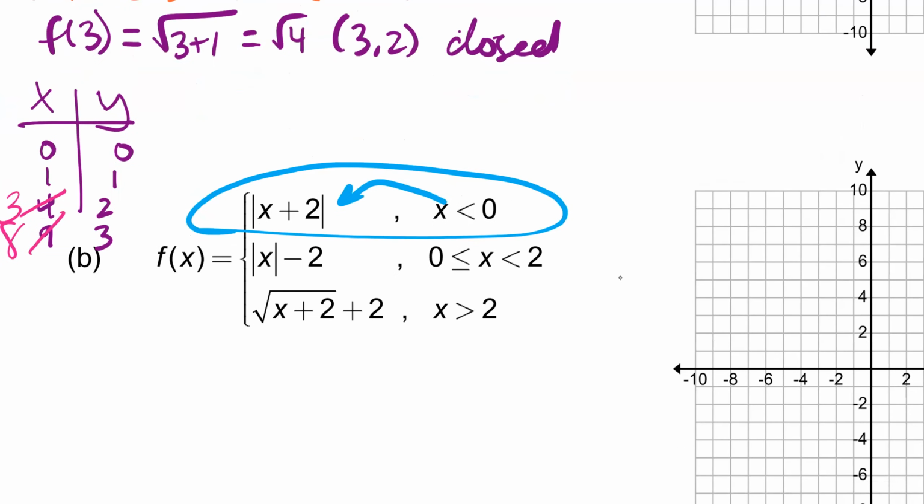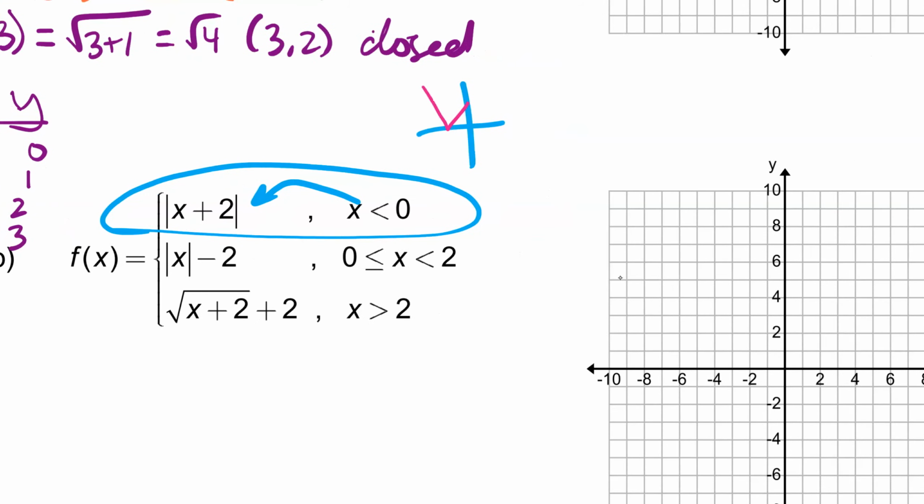Do you know what this looks like? What is this? Absolute value, and it's a V. What does the plus 2 do? Left. Left 2. Okay. So absolute value just shifts it left by 2, so it looks something like this. What? Why did I not continue? It's only when x is less than 0. Okay, so I know it's going to be an absolute value function, shifted left by 2. So normally my vertex is at (0, 0), shifted left by 2.